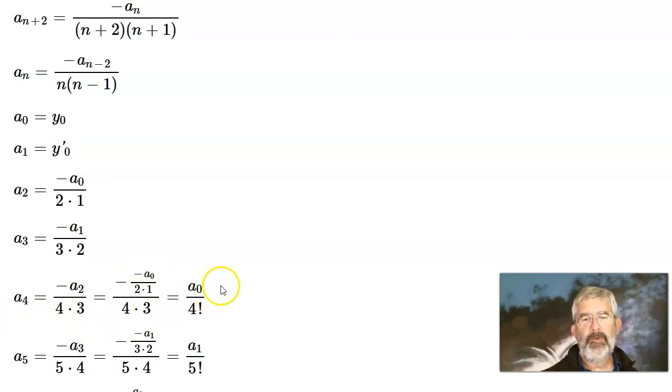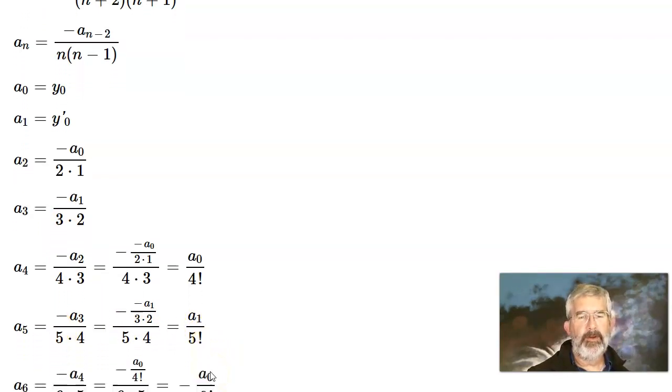I get that a4 is a0 divided by 4 factorial, because there's 4 times 3 down there, but there's also a 2 times 1 down there, so it's 4 factorial. A5 is minus a3 over 5 times 4, but a3 I already know is this, so we plug that in and simplify down to a5 is a1 over 5 factorial.